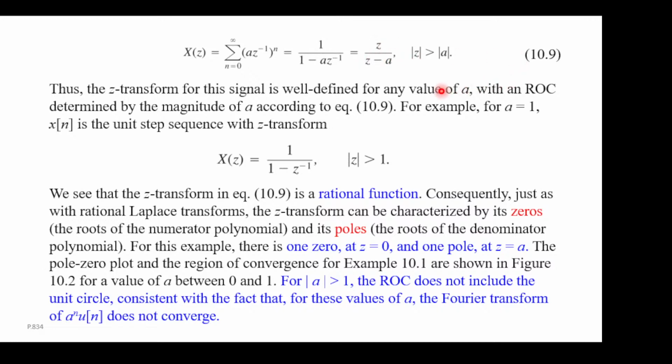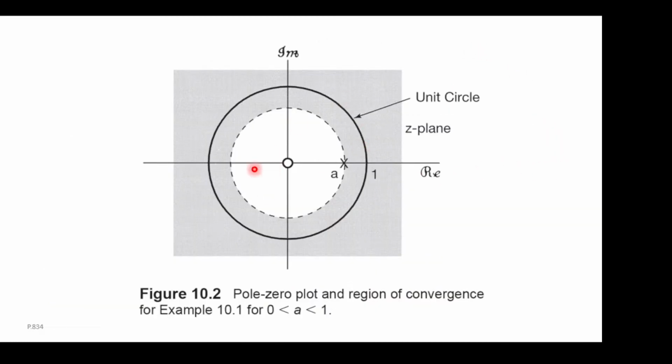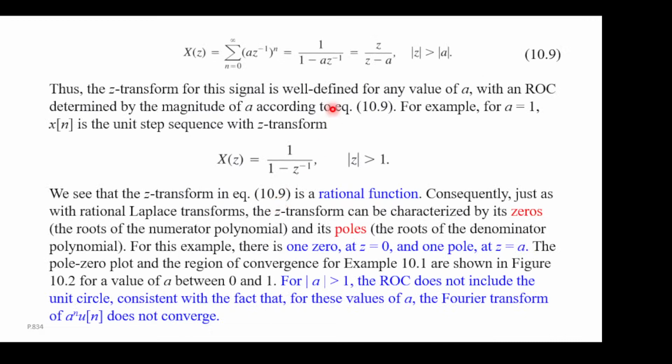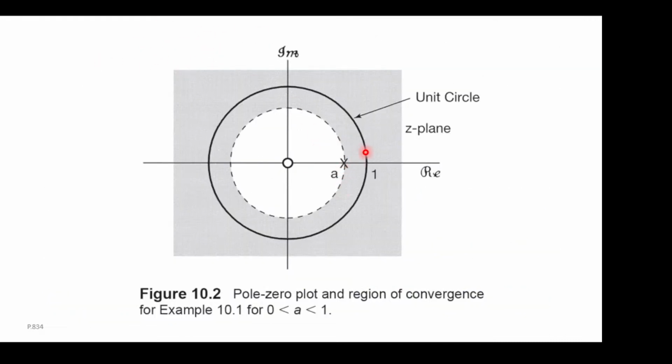Okay, and then we have the ROC as we want. The ROC is absolute value of z bigger than absolute value of a. Okay, and let's see the picture first. So this is a picture we had before, and it's a picture for this transform. So you have a pole at a.